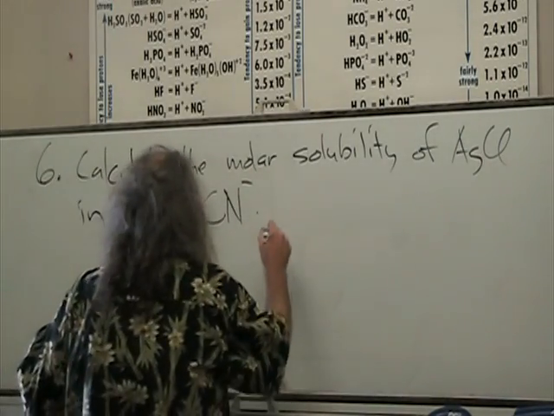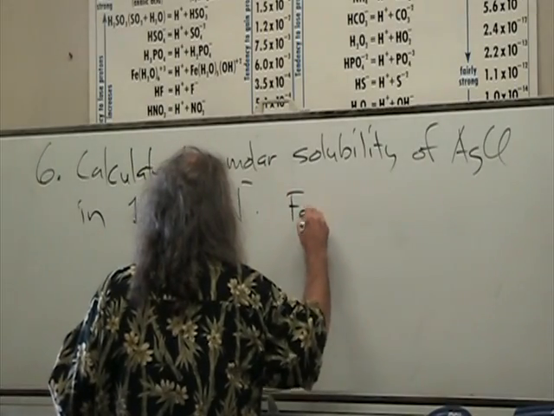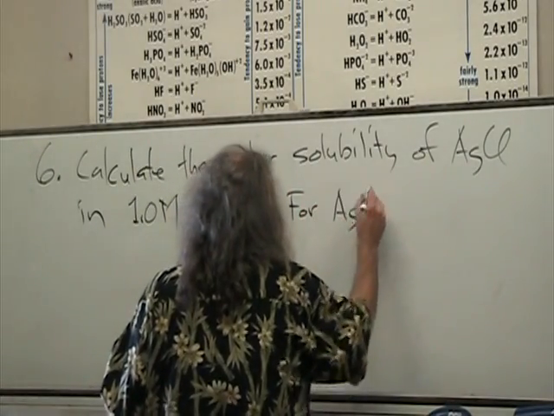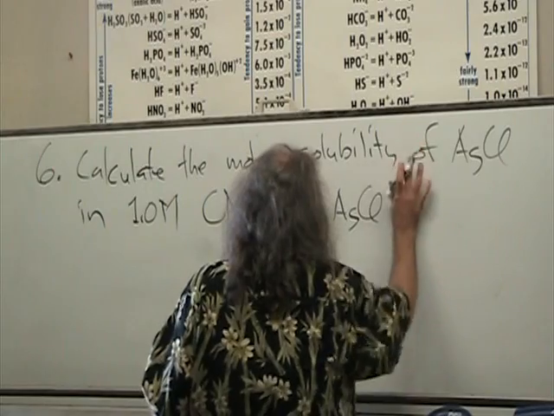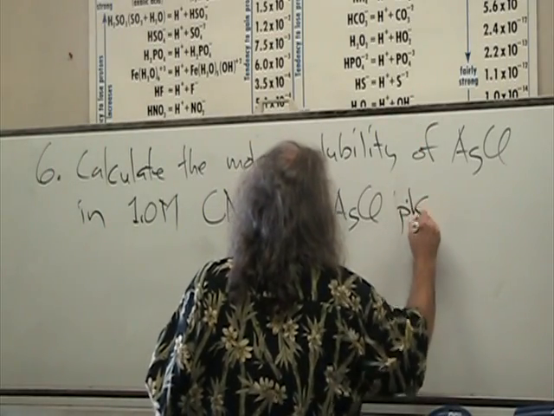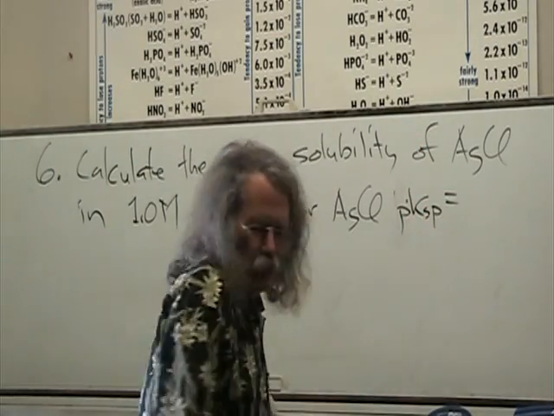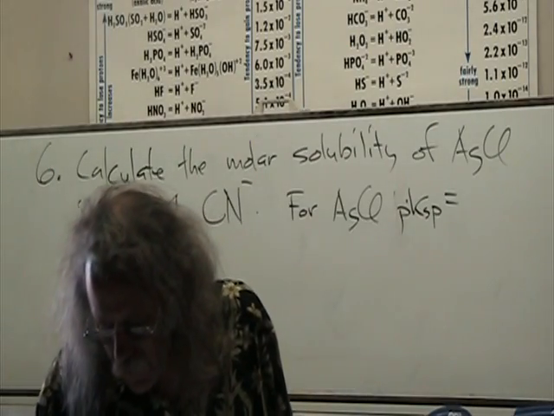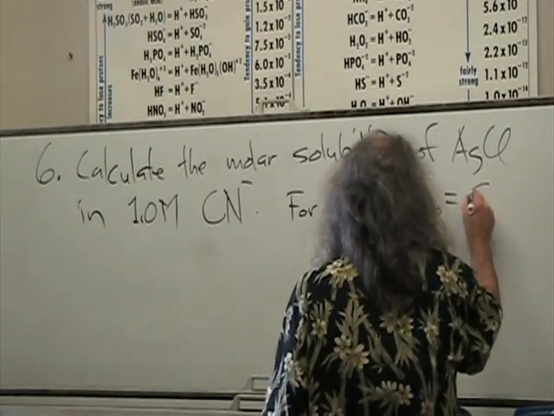And I give you the information. AgCl pKsp equals 9.74.